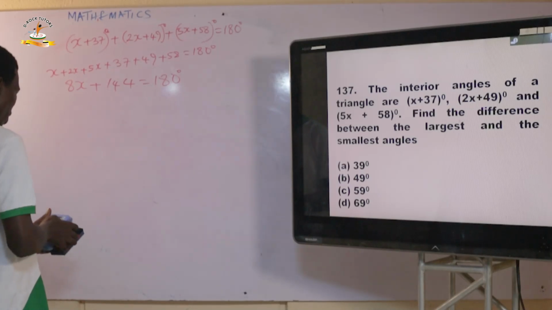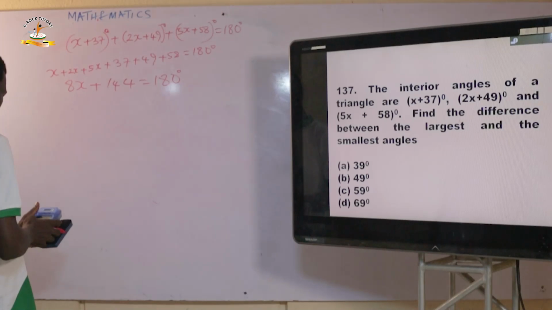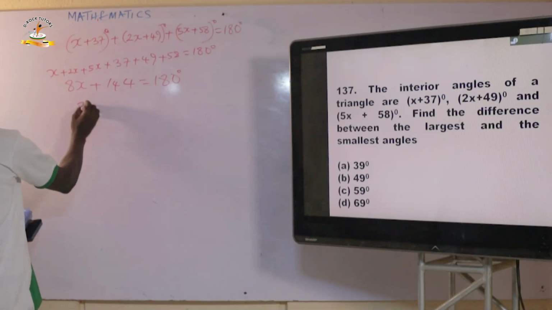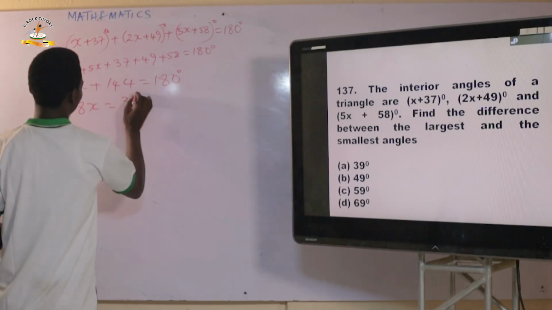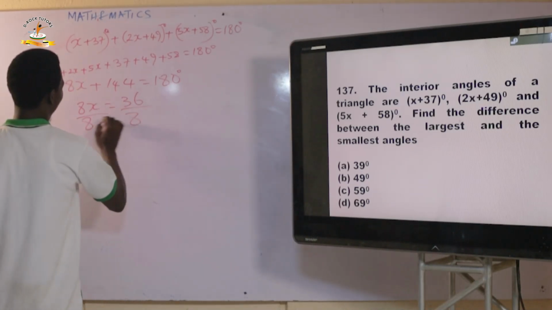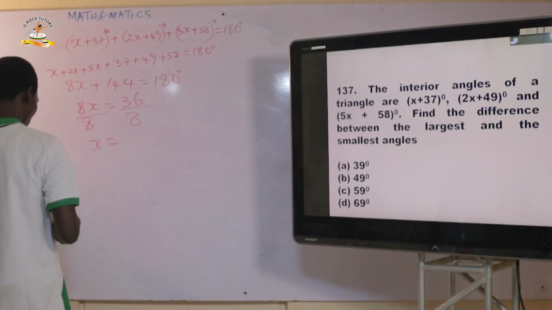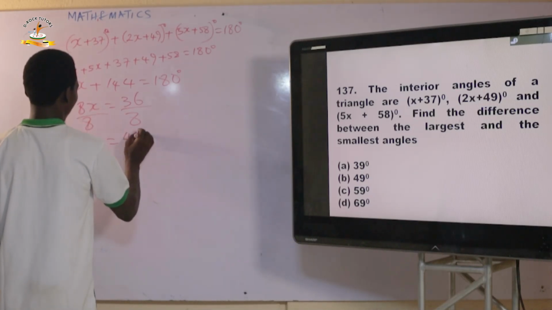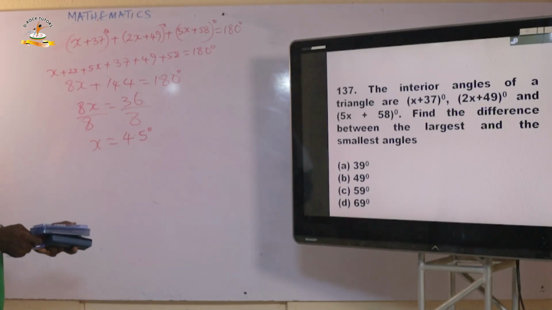So 8x will be 36. And if you divide both sides by 8, you're going to have x equals 4.5 degrees. So 36 divided by 8 is 4.5 degrees.